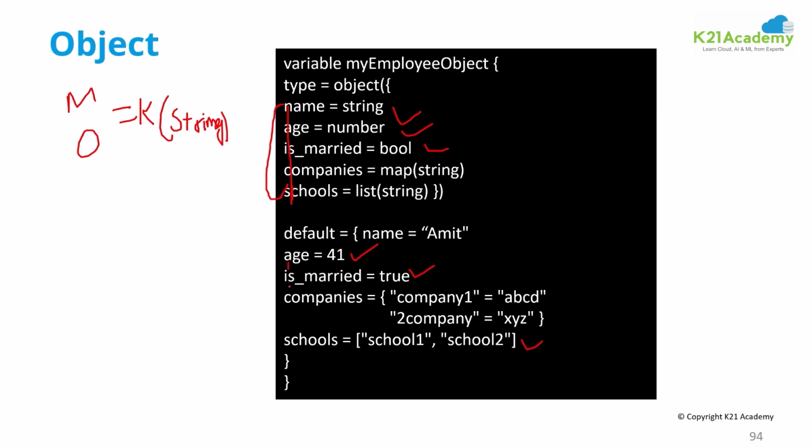You see, age, is married, company, is school, they will always be a string. You cannot use numbers on this side. Right hand side, you can have anything that will change according to my data type. But left hand side, in case of map and objects, will always be a key. This is a very small but very important concept to remember.